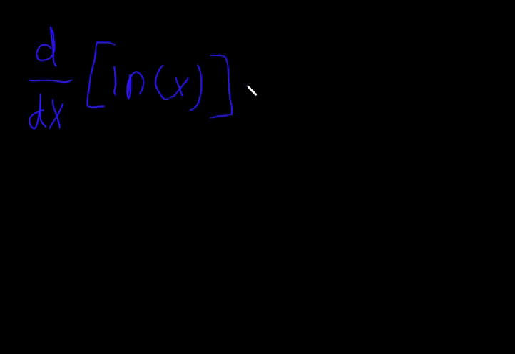So now I've got two more rules. The first one is just the derivative of a specific function that we didn't really cover the derivative of yet, and that is the natural log of x, ln.